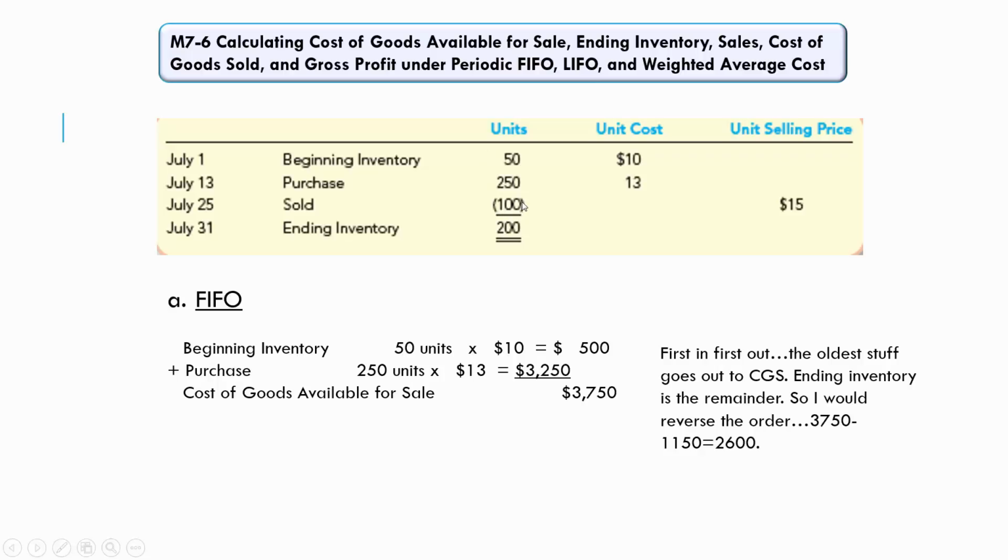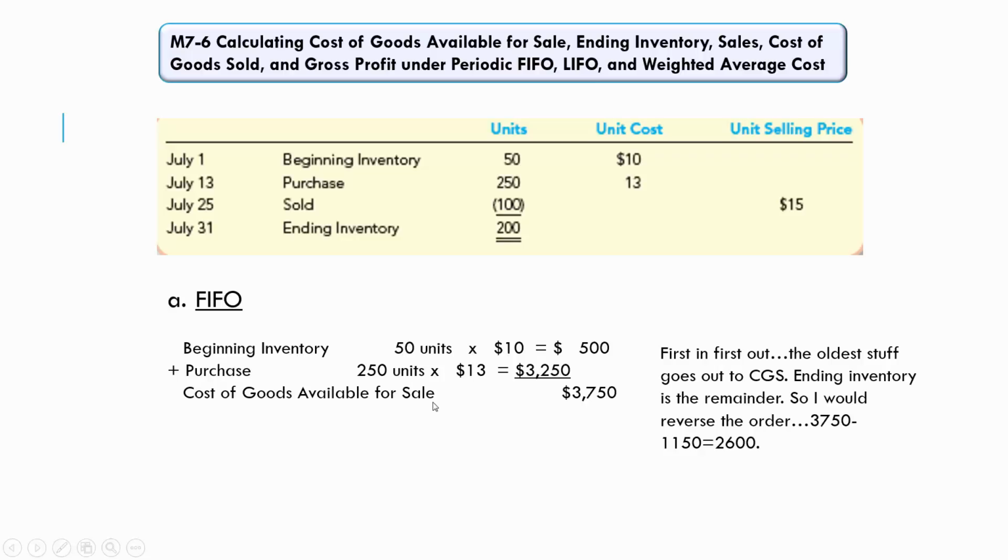We don't have it put together in a way that we can look at this chart up here in the yellow and determine what the total goods available is in dollars. We're going to have to multiply it out, and that'd be 50 times 10 is 500, 250 times 13, 3250, or 3750 is goods available.